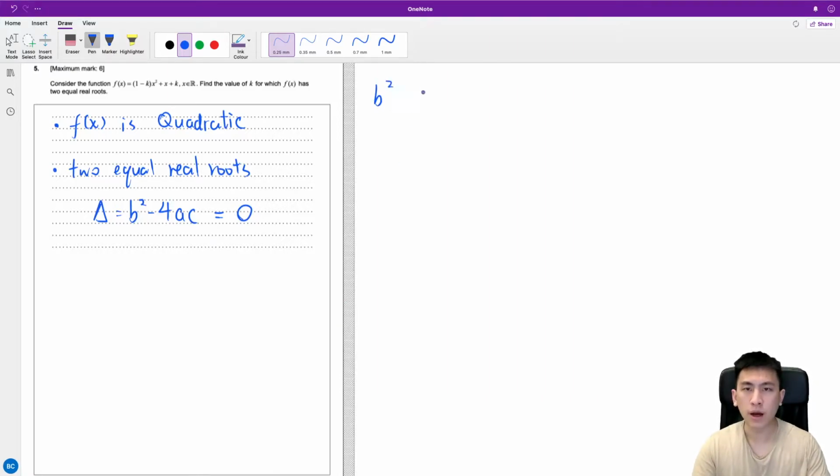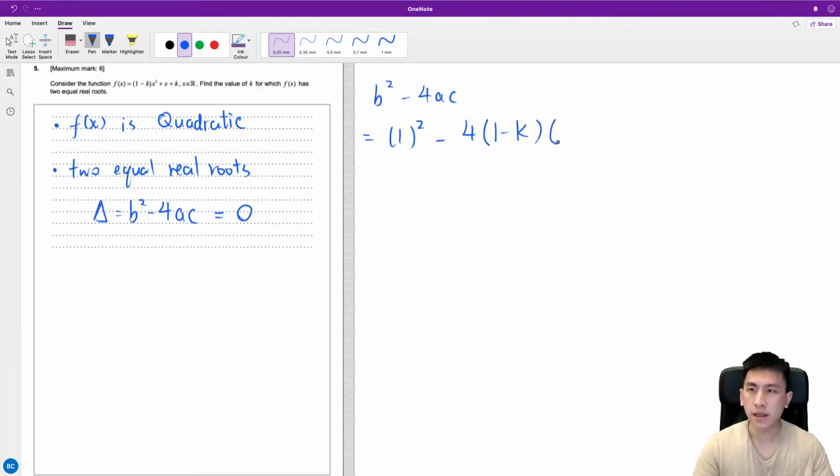So b squared minus 4ac would actually be equal to b, which is, in terms of that, just 1. Just be 1 squared minus 4, and a is 1 minus k, and c is just k. And that would equal 1 minus 4k plus 4k squared.